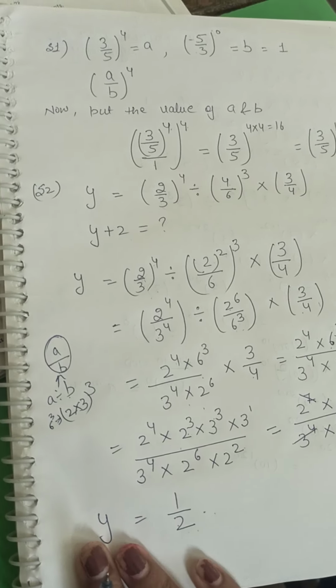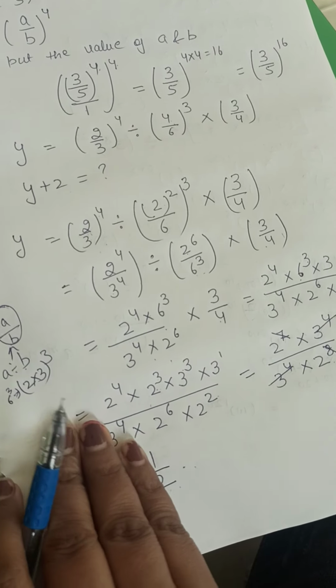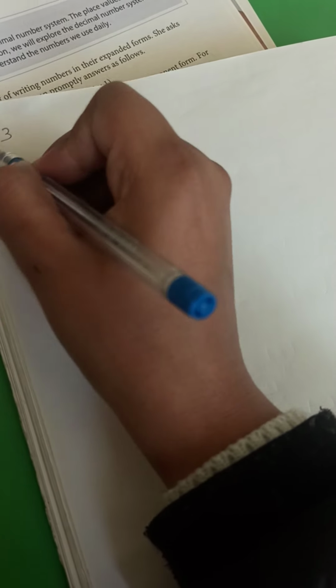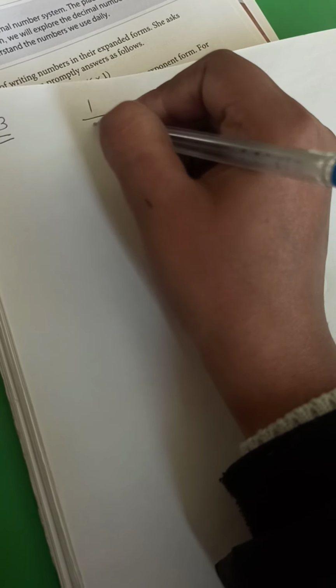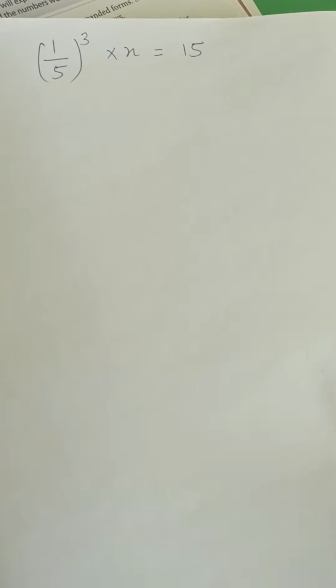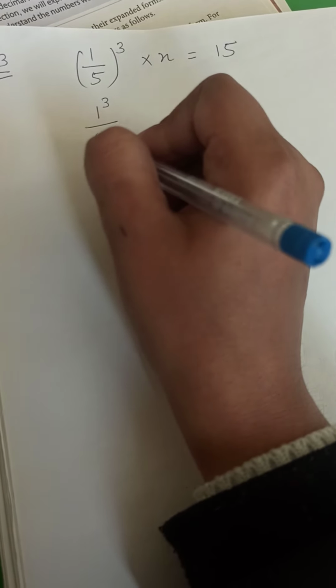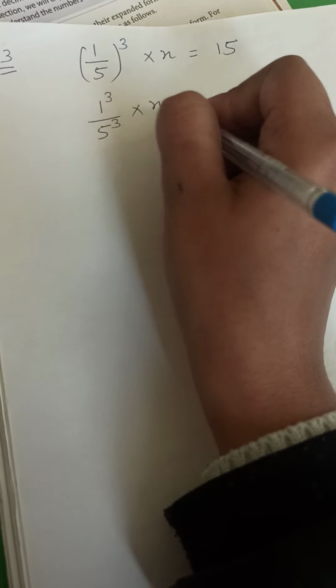Now the S3. By what number should we multiply to get the product 15? So firstly we will take the number bx. 1 by 5 to the power 3 को x से मल्टीप्लाई करो. सो योर नंबर विल बी, प्रोडक्ट विल बी इक्वल्स टू 15. राइट डाउन द पावर सेपरेटली. इक्वल्स टू 15.